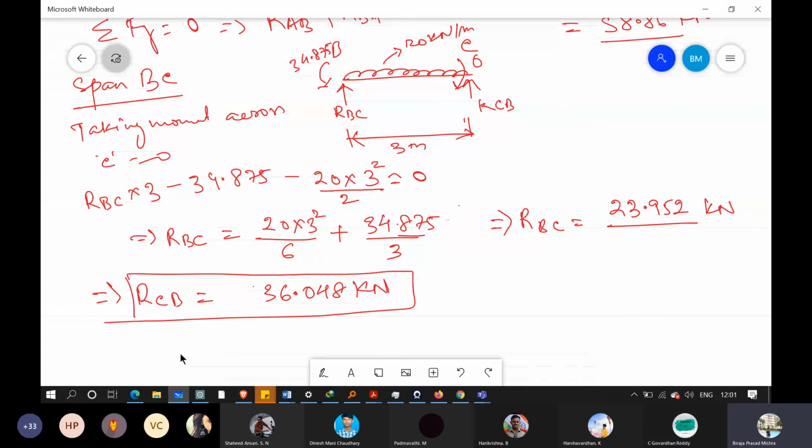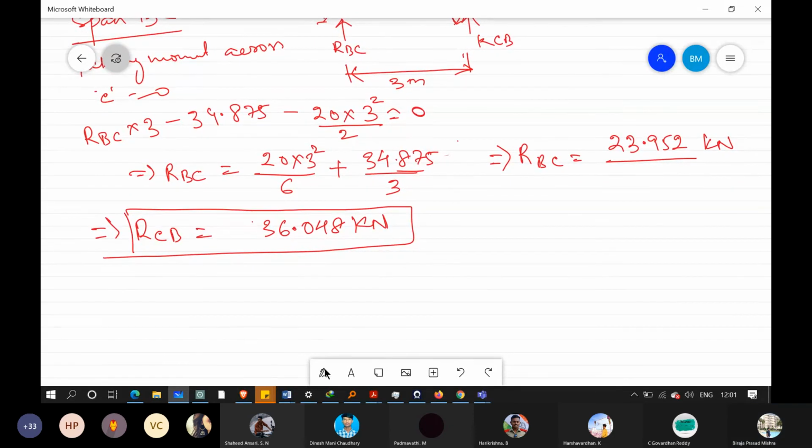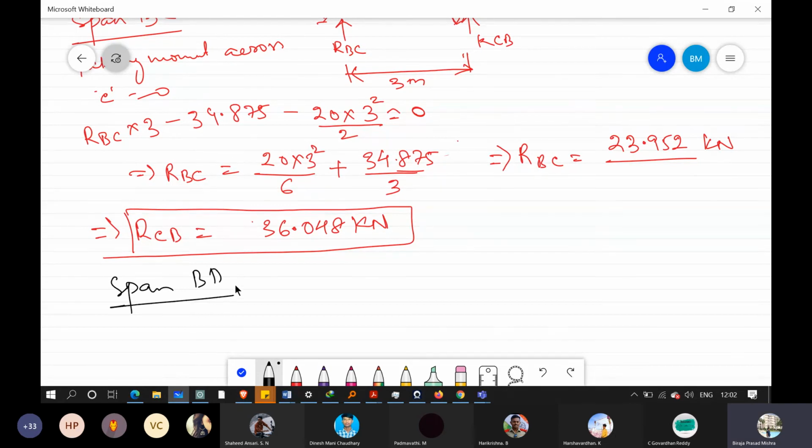Okay, next one, span BD, or column BD, whatever you may write. Okay. Now, for this column BD, which moments do we need to consider? Who can tell?